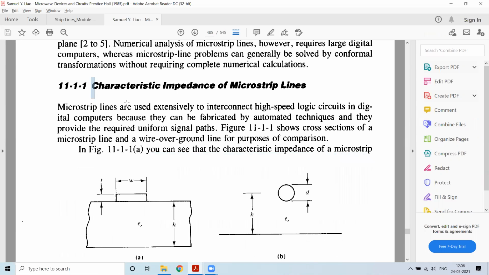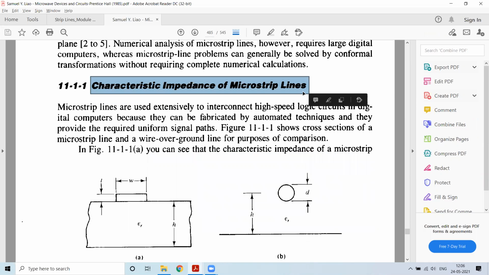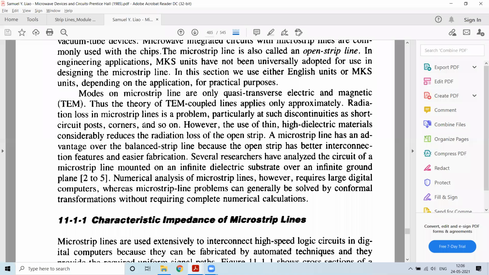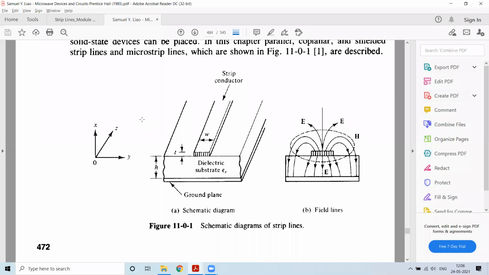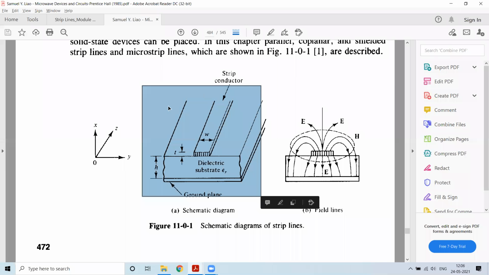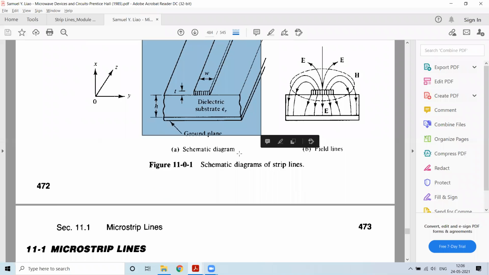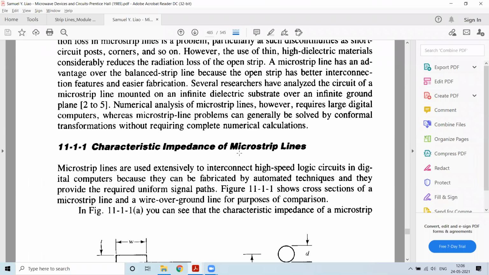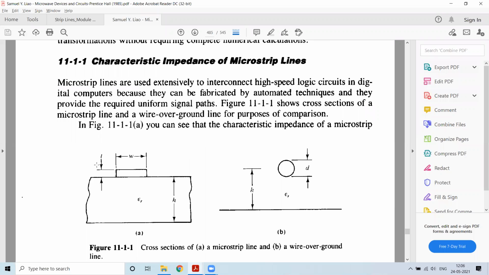Next, what are the characteristics pertaining to the characteristic impedance of the microstrip line? When we consider the microstrip line in this form, it can be represented like this. Again, you can see this is the ground plane.